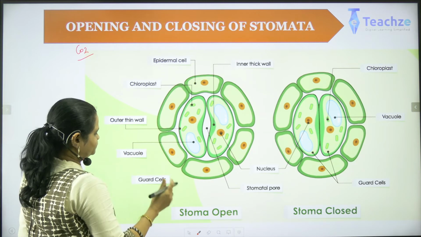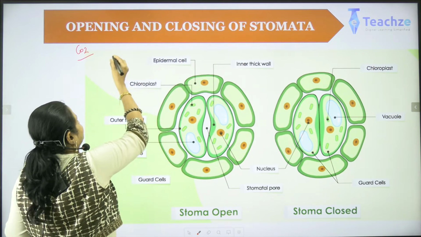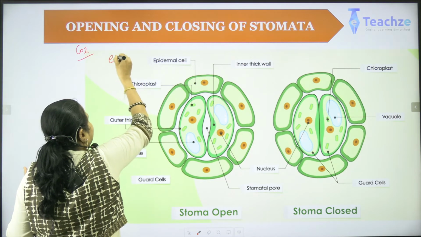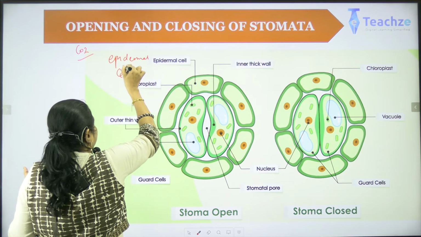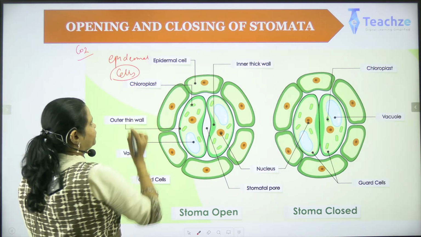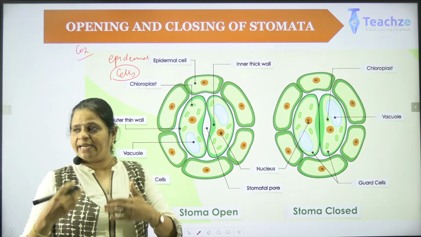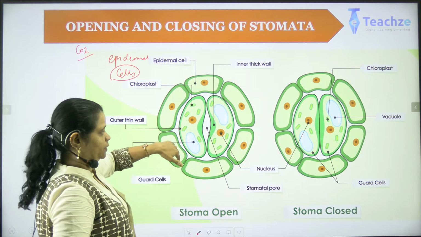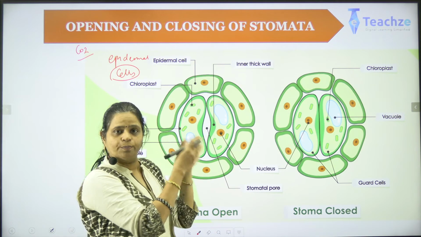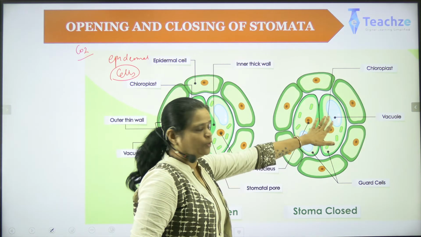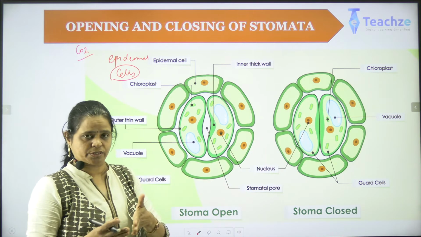Now, stomata are nothing but the modification of normal epidermal cells. Epidermal cells in the sense the outer cells. So they're all modified epidermal cells because they are doing a special function here. Now this picture talks about stomata being open, and this one, what we are looking at is the stomata being closed.